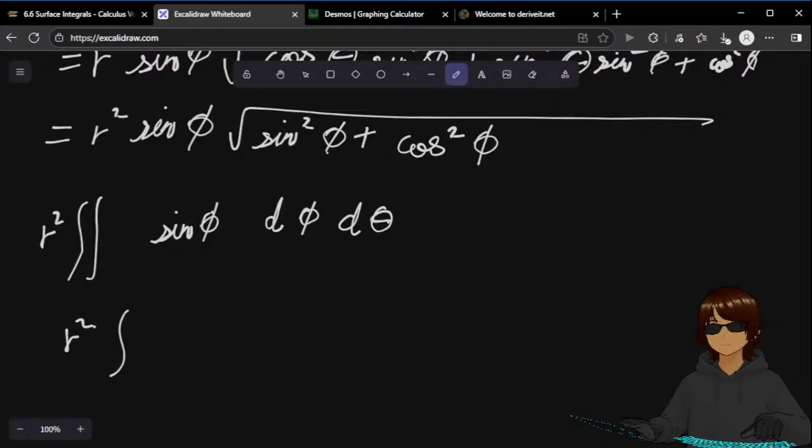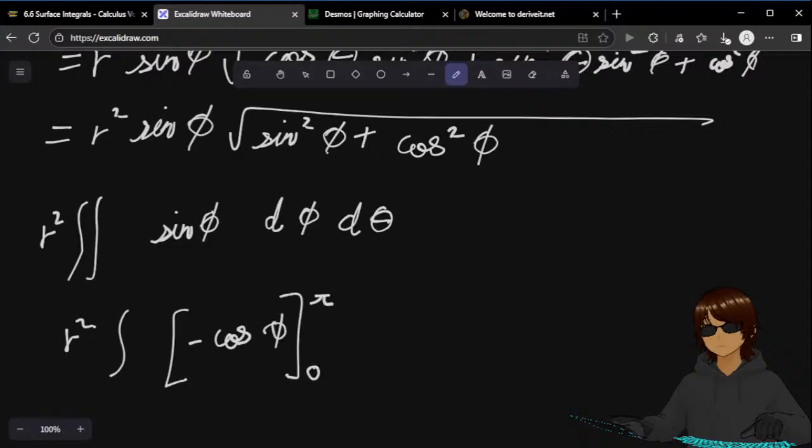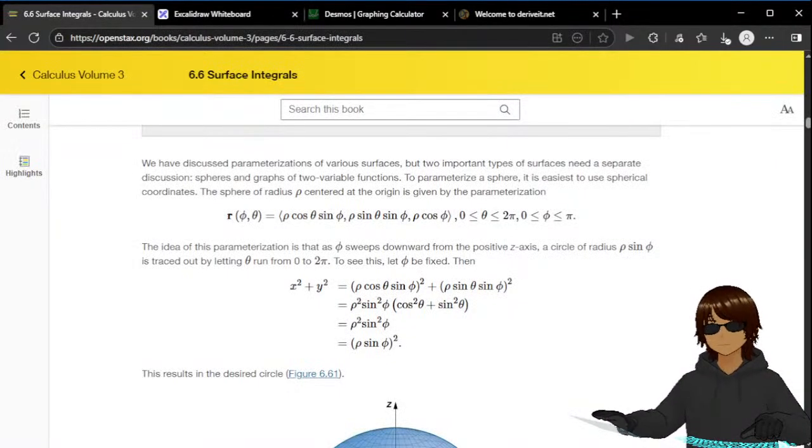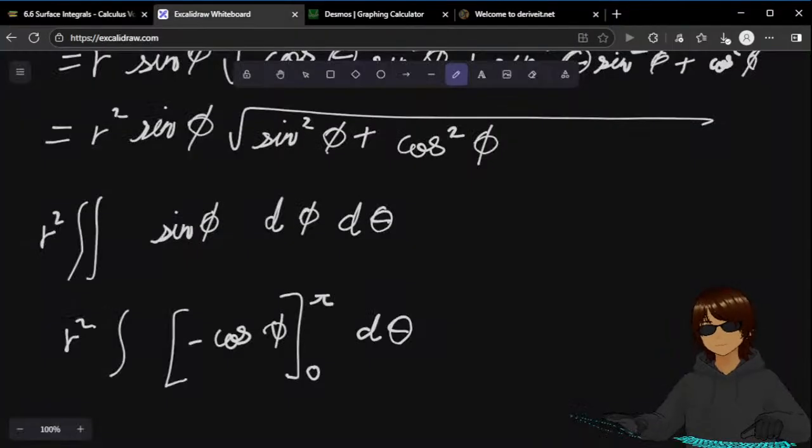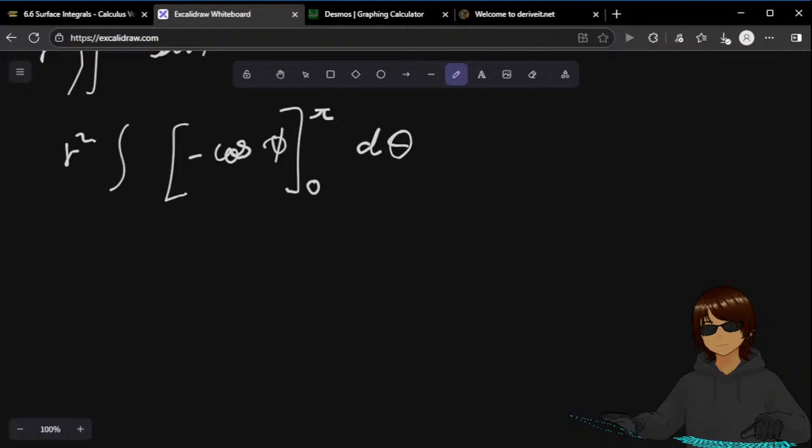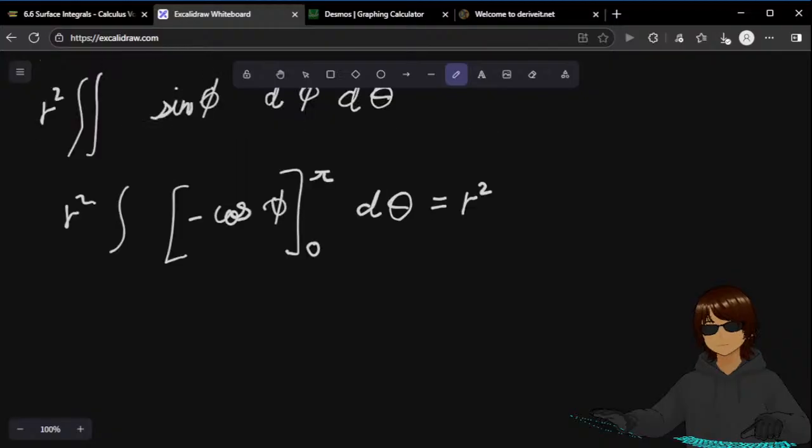Integrate. So derivative of cos is minus sine. Derivative of minus cos is sine. Minus minus cos 0.